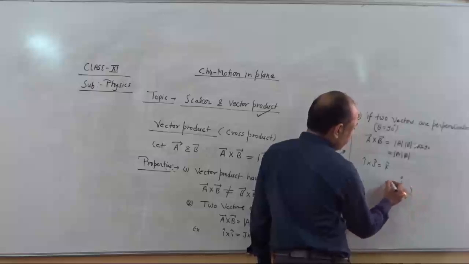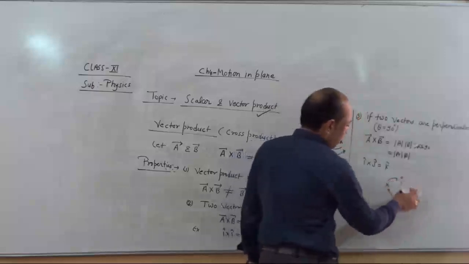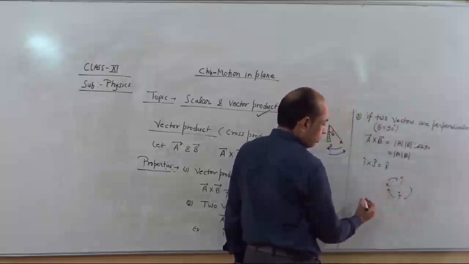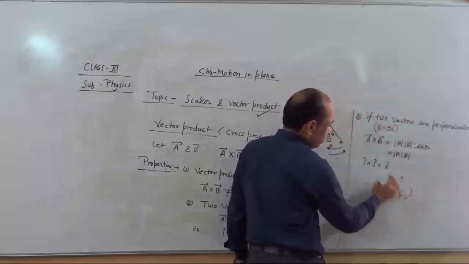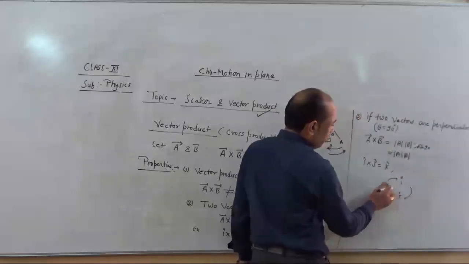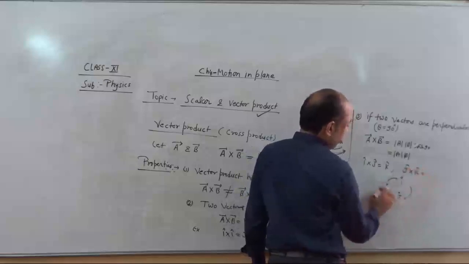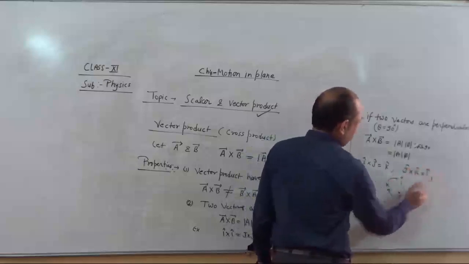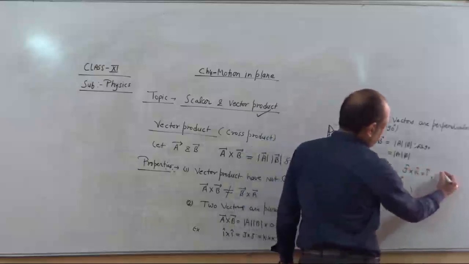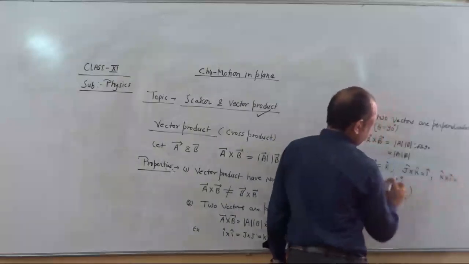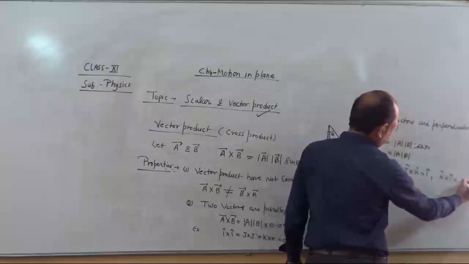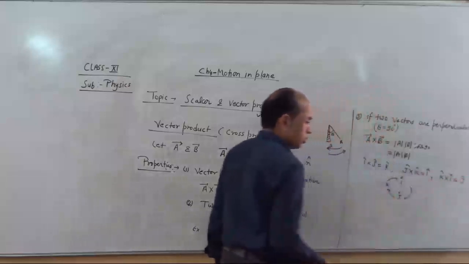The cyclic rule states that whenever we take the product I into J, it is equal to the next one. So I into J is equal to K. Similarly J into K equals the next one I, and K into I is equal to J. This is in clockwise rotation.